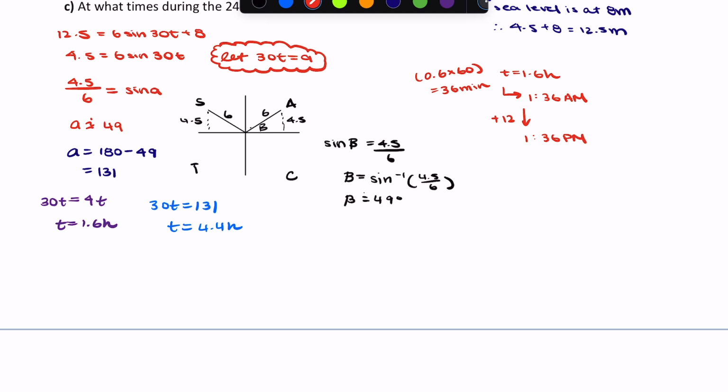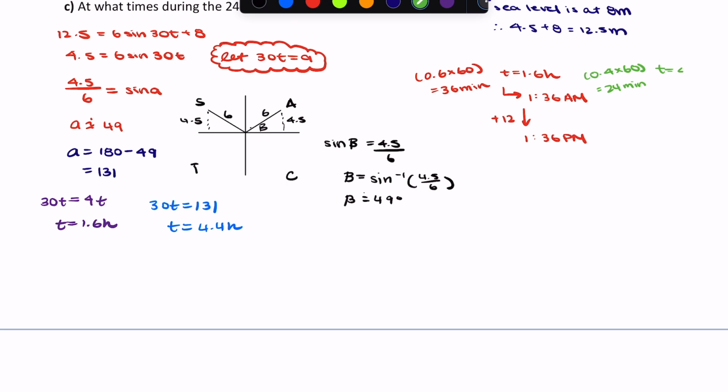And then for the 4.4 hours, if we take our 0.4, multiply that by 60, that will give us 24 minutes.